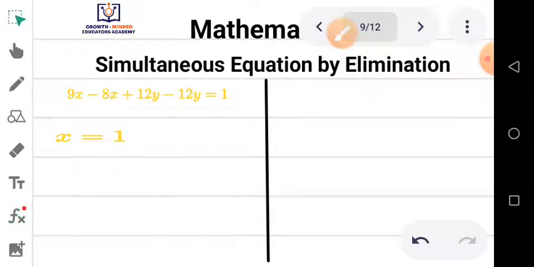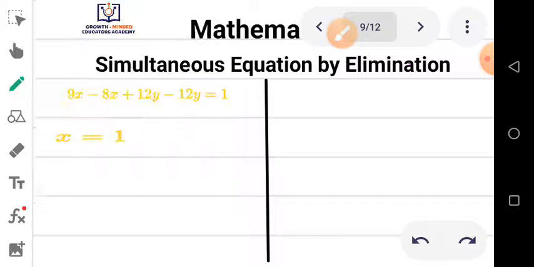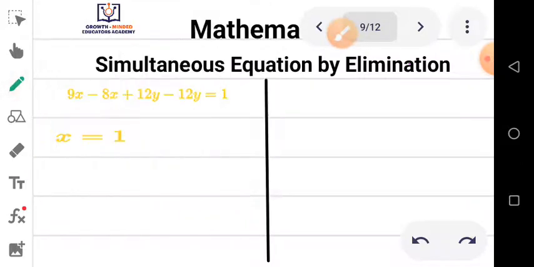Let me just show you here. This will cancel this. So that means x equals 1.